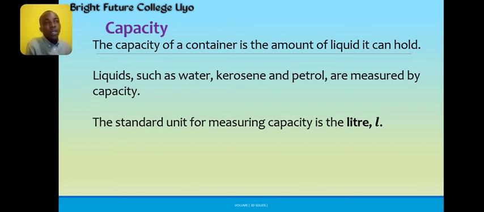That jerry can, that gallon you use for buying fuel, is measured in liters. That's capacity. The standard unit for volume, remember, is meter cube. You can move from centimeter cube to millimeter cube, but in capacity, we deal with liters.